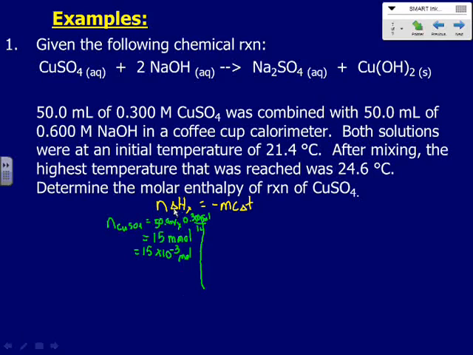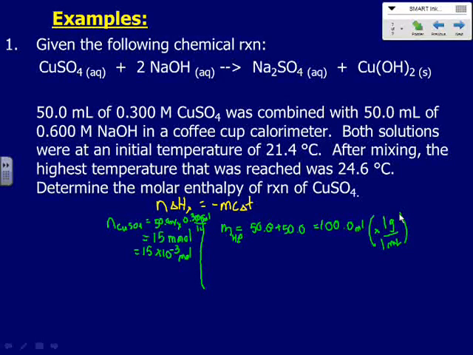We want to find a delta Hx. Let's go to our system side, m. Now, this, remember, is the mass of the water. It's the water in which the heat is being absorbed by. We have 50 milliliters from one solution and 50 milliliters from the other solution, and therefore we have 100 milliliters, and our assumption is that 1 gram is 1 milliliter.